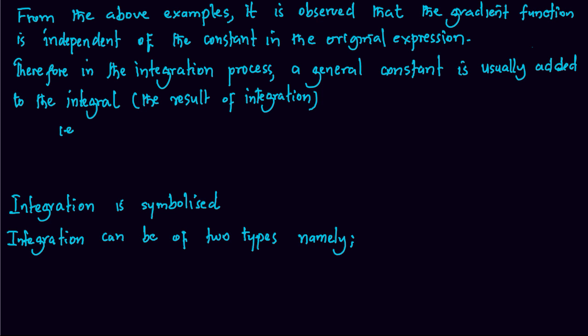I.e., if we were to go in reverse, we have in the above examples dy over dx is equal to 6x squared.